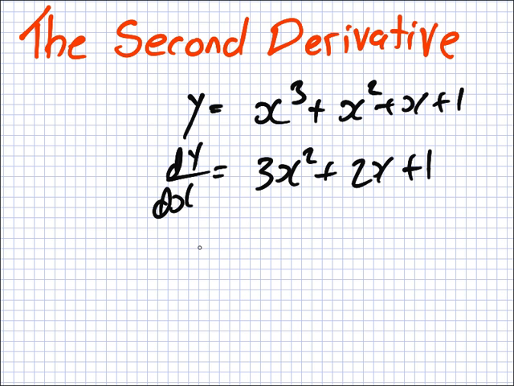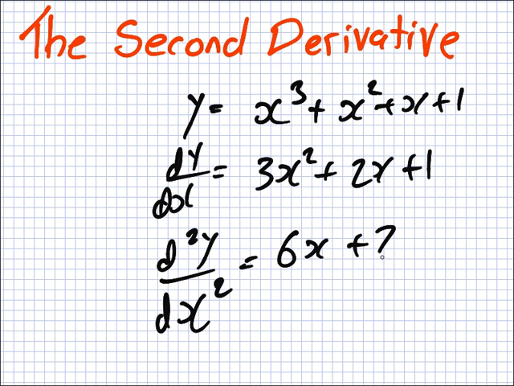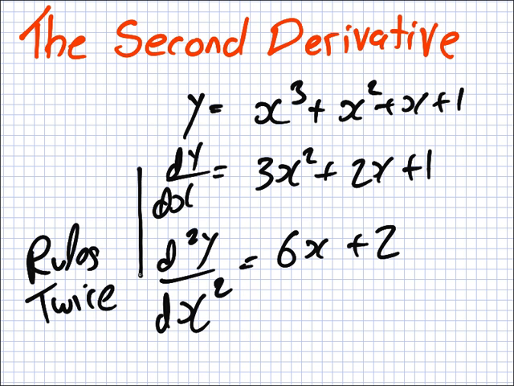The second derivative is differentiating again, so 6x plus 2. In other words, you have to use your rules twice. That's all there is to the second derivative. You differentiate once, and then you differentiate a second time. So, two applications of the rules.